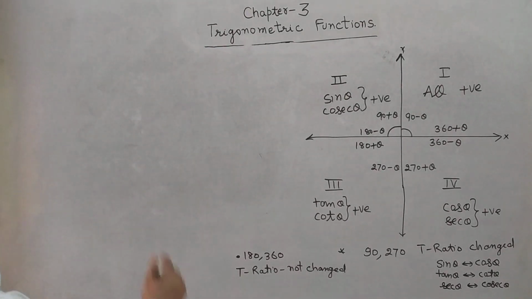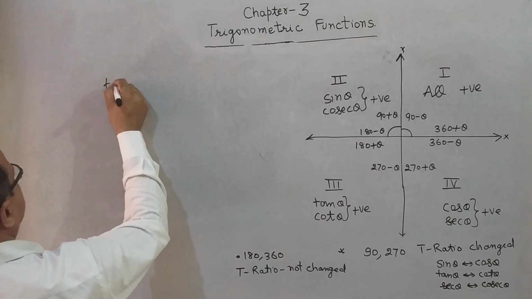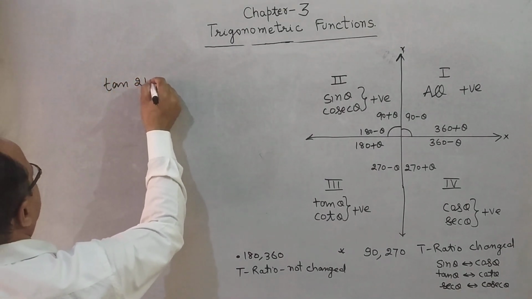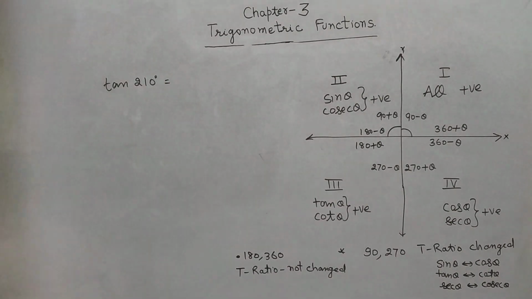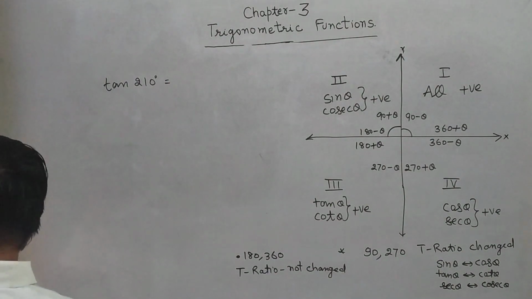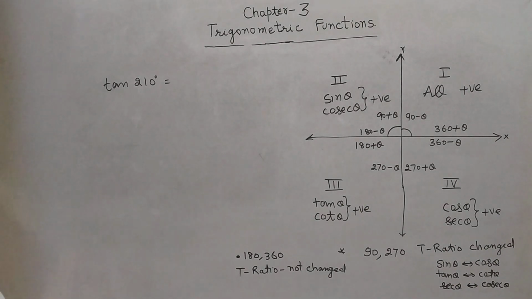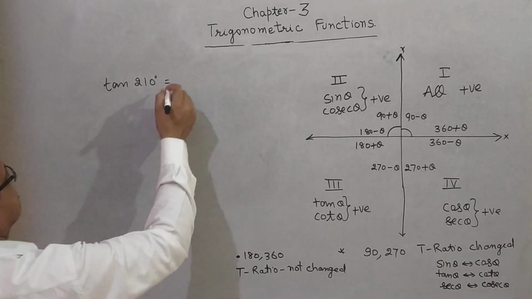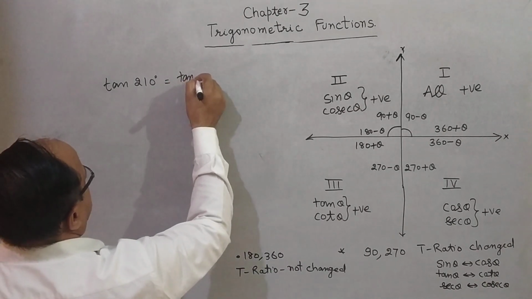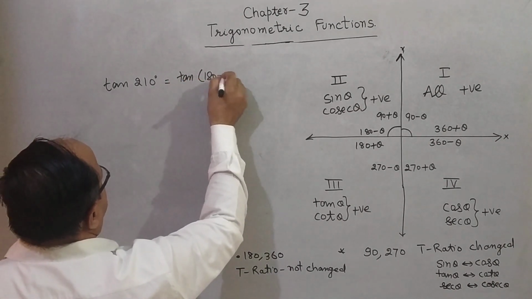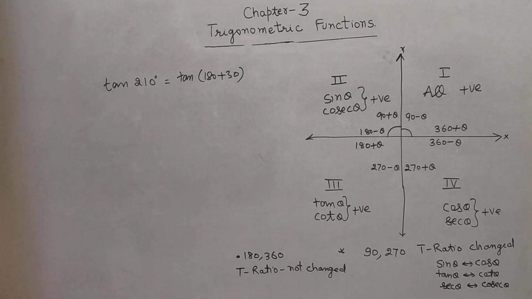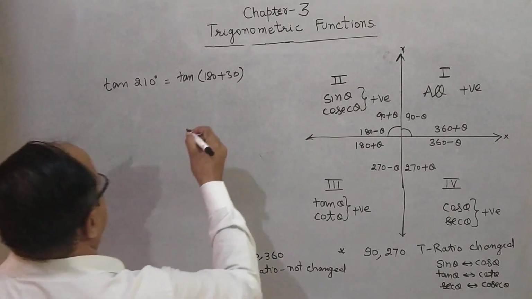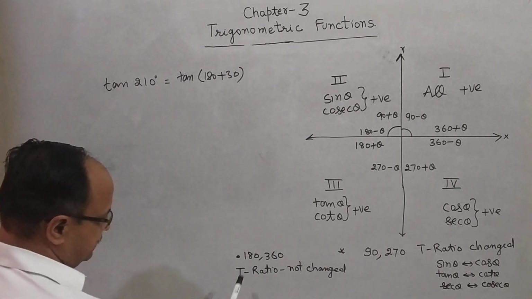Similarly, you can find out tan 210 degree. You can break tan 180 plus 30. So it is the case of 180.